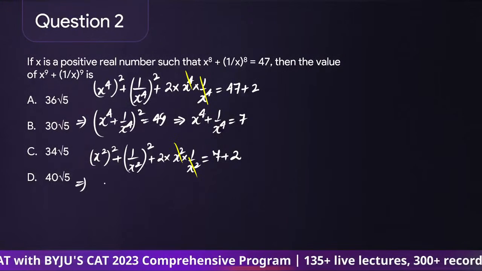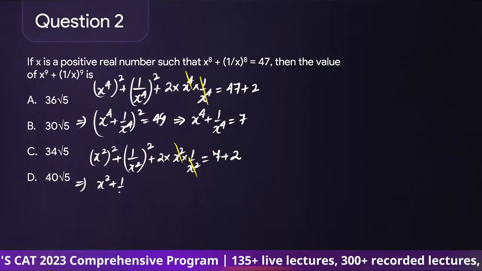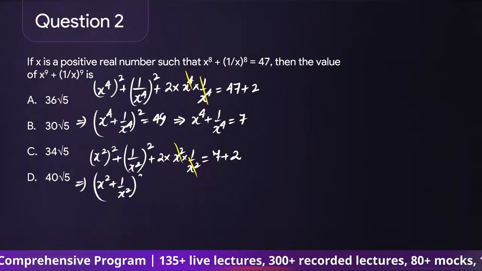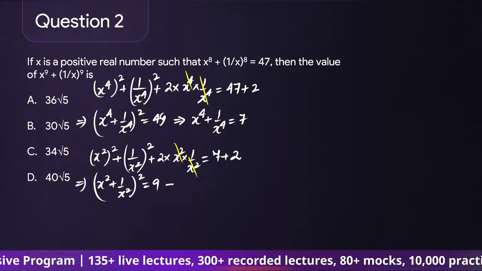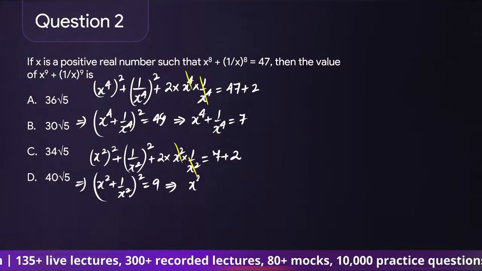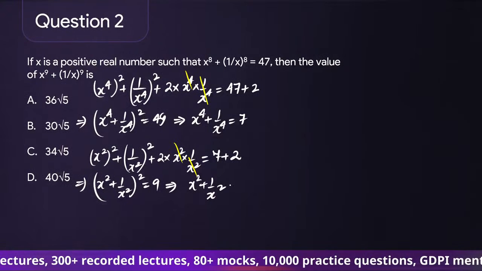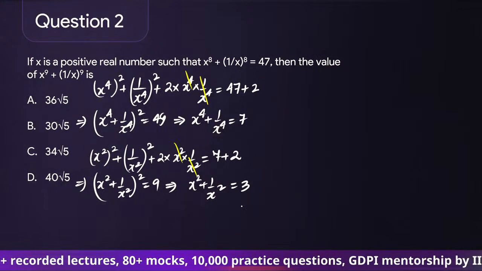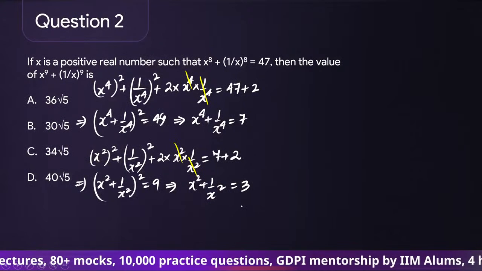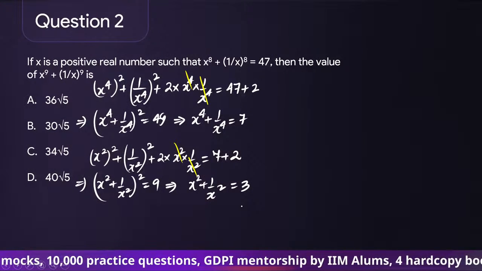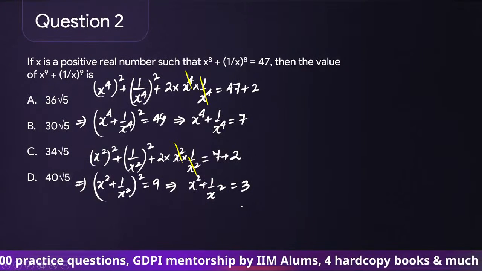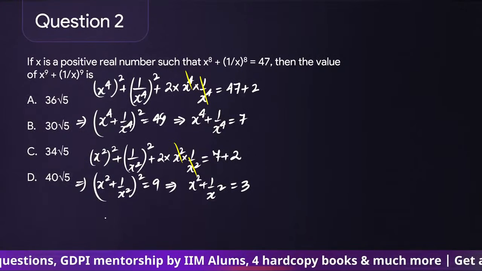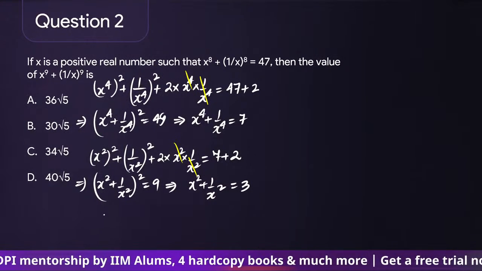So this will result in x square plus 1 by x square whole square, and that results in 9. This further gives us x square plus 1 by x square is equal to 3. Now the thing is we are not taking plus minus because squaring and reciprocal of a square cannot be a negative value. फिर आगे चलते हैं.